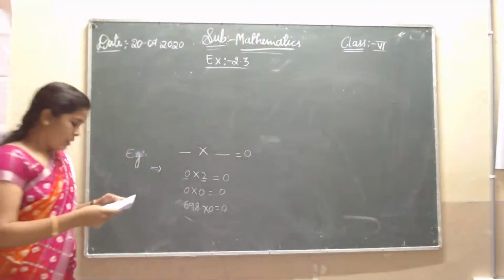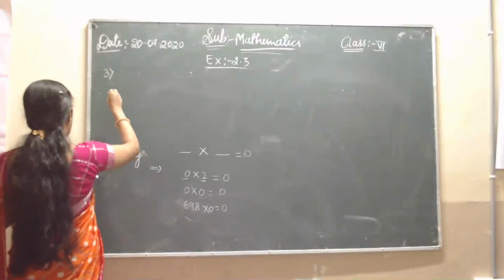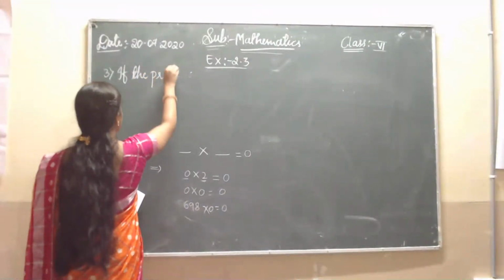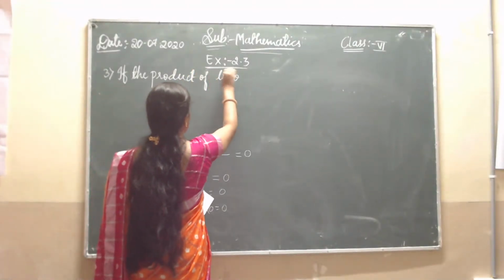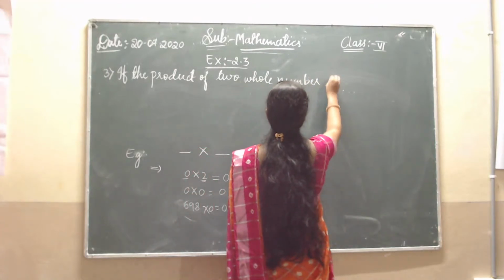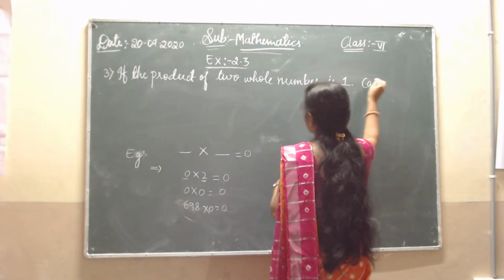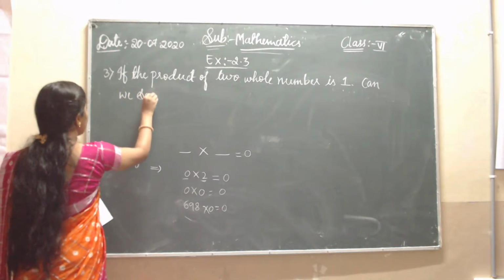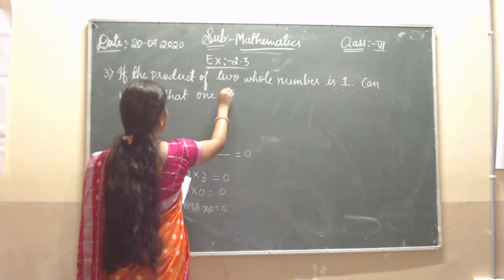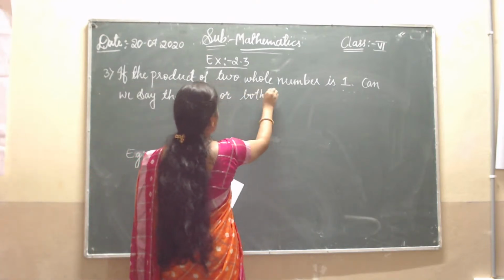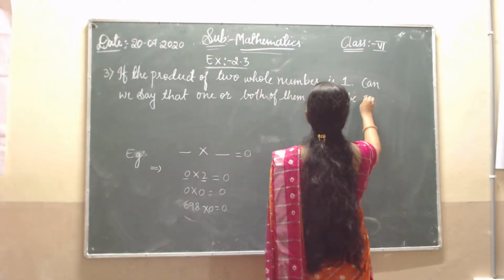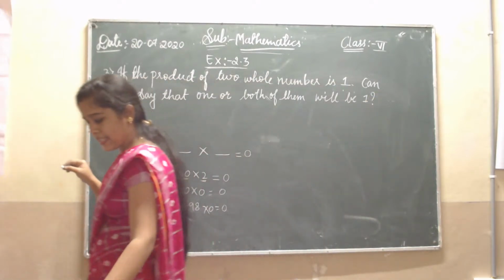Next comes our third question. If the product of two whole numbers is 1, can we say that one or both of them will be 1?